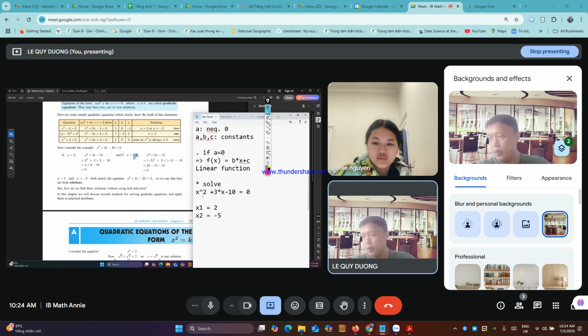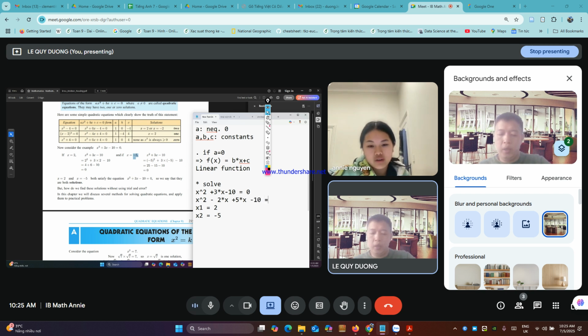So what we can do here is x squared, then we don't use plus 3x but minus 2x, then plus how many x in order to get 3x? 5x, right? So this is how people do it without much knowledge about quadratic equations.